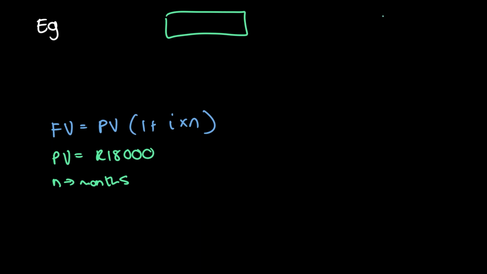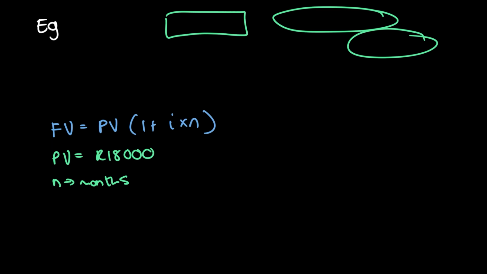So we noted that it's 32 months, but it's at a simple interest rate of 9% per annum. So our i, and I don't want to use the big I, it's the small i, let me just fix that. So our i is equal to 9% per annum. And now you'll notice that this is per annum and this is in months. So they need to coincide.